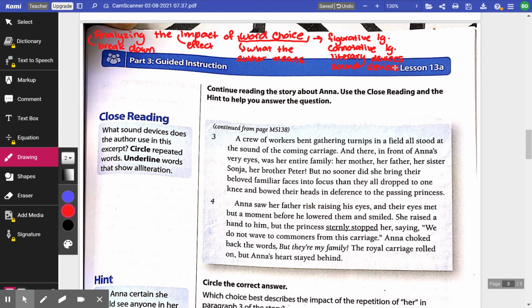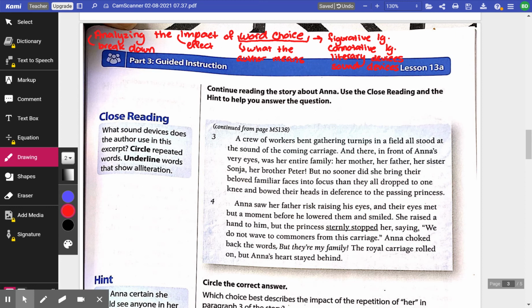So the sound devices, remember that we are focused on are word repetition, alliteration, and assonance. All are types of repetition. So focusing on words or phrases getting repeated as well as sounds.